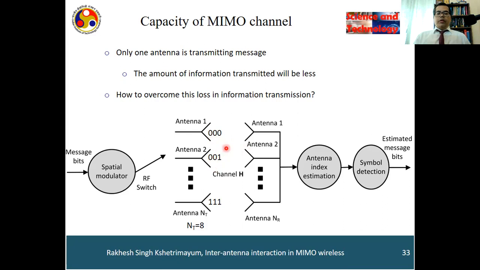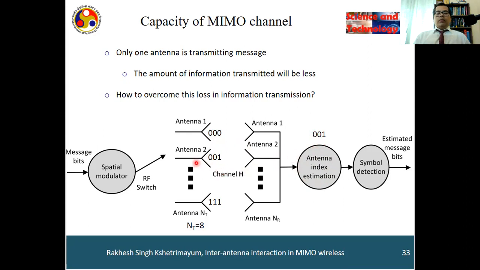So you can estimate which antenna was used for transmitting the symbol. That's the duty of the receiver. Once it estimates the antenna which has been used for transmitting the signal, it decodes 3 bits, 001. So without transmitting those 3 bits, it is actually decoding 3 bits.